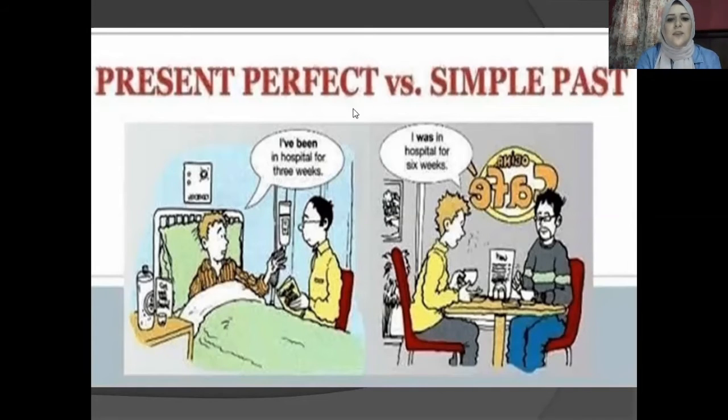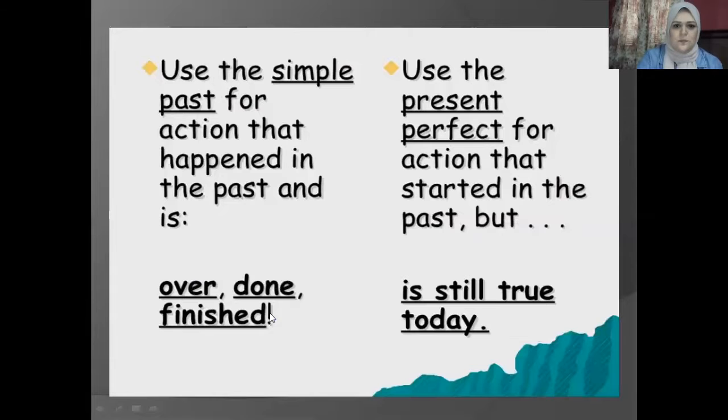But in the second picture, he said, I was in hospital for 3 weeks. This means that he was in hospital for 3 weeks in the past, but this action is finished. It started in the past and finished also in the past. Yes. So let's see what differs both of them.